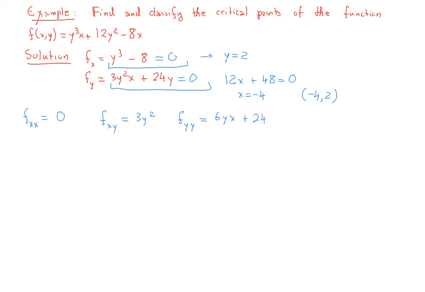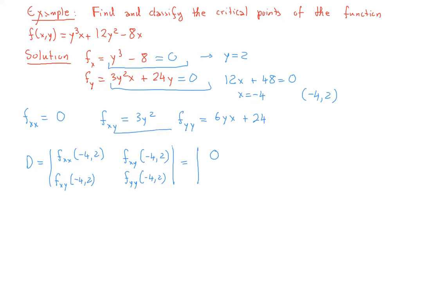Okay, so let's find the determinant, which will be fxx at (-4, 2), fxy at (-4, 2), fxy at (-4, 2), and fyy at (-4, 2). How much are these quantities? This one is going to be 0, and fxy at (-4, 2), looking at this right here, will be 12.